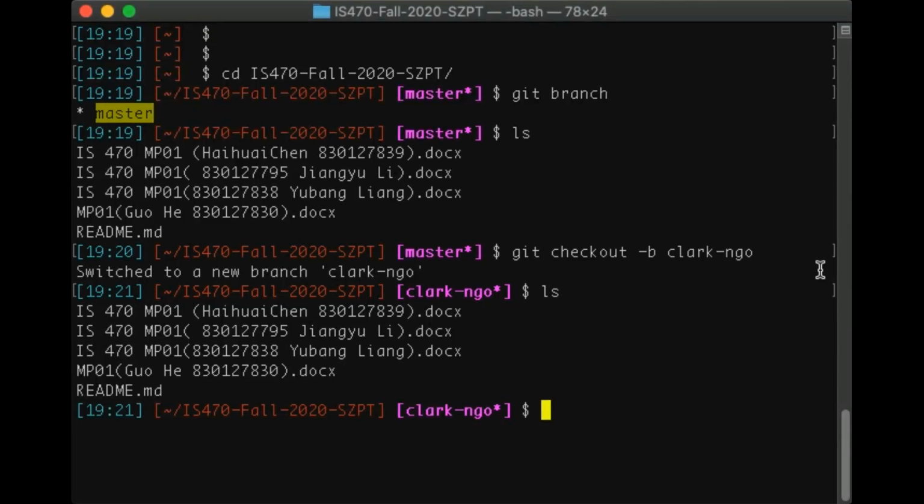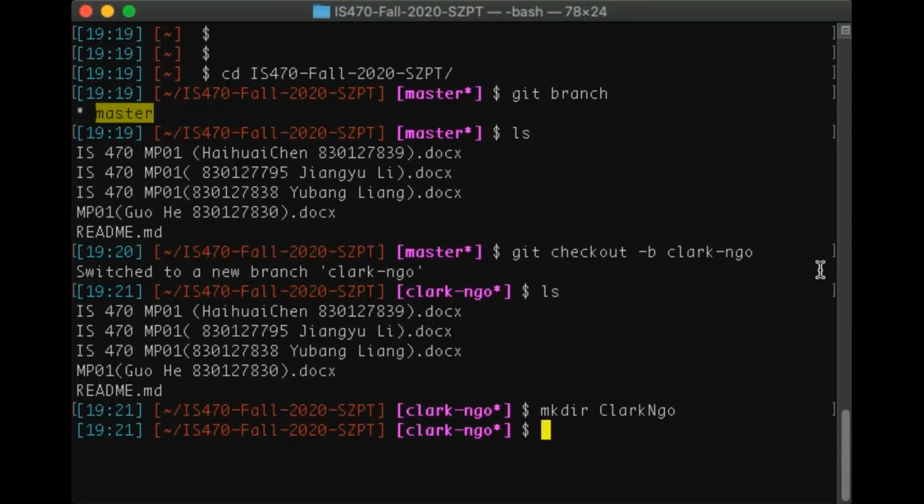Okay, now that I have it, my first step is to create a new folder. And to create a new folder, I'm going to use the make directory command, which is mkdir, right? This is for Mac OS and Linux, or if you have Git Bash. And then I'll put my name here, right?